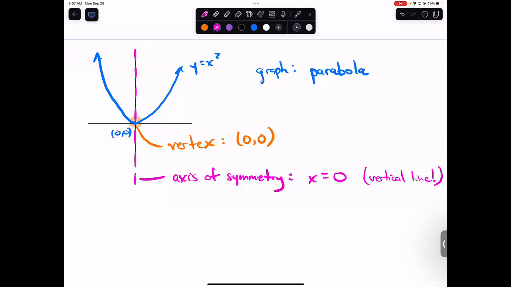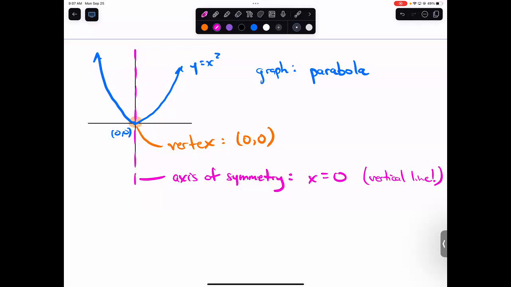It's the smallest the function ever gets. That means the range is from whatever that y value is up to positive infinity. On the other hand, if it opens down, then the vertex is the maximum value. The range would be from negative infinity up to wherever that is.